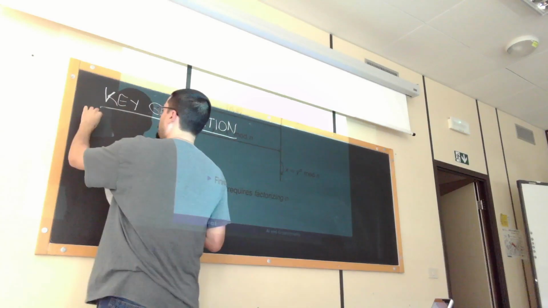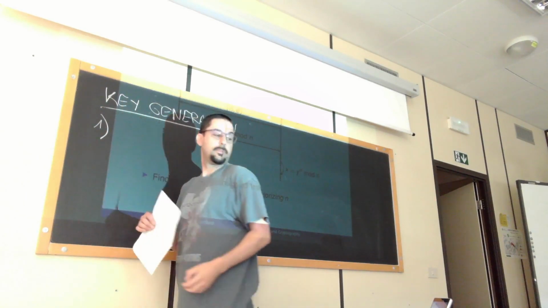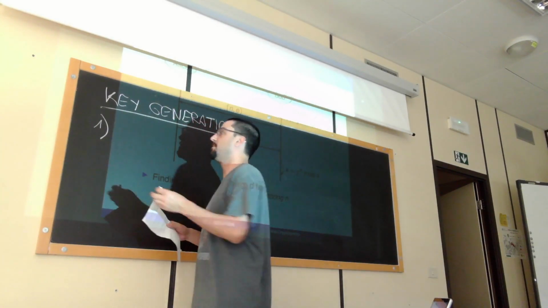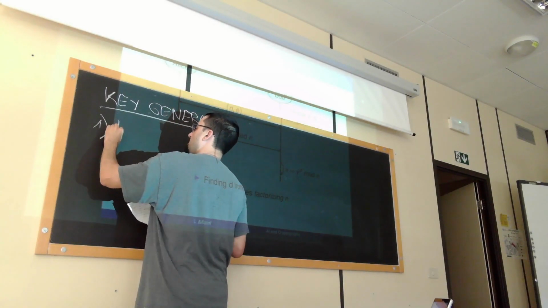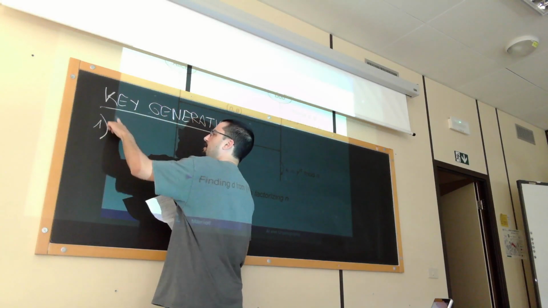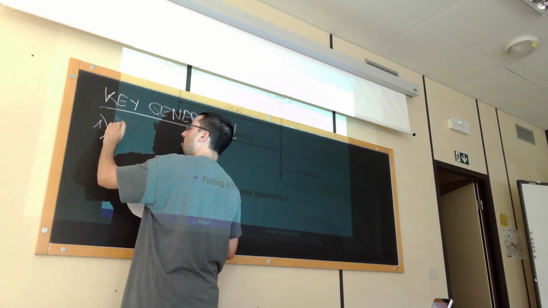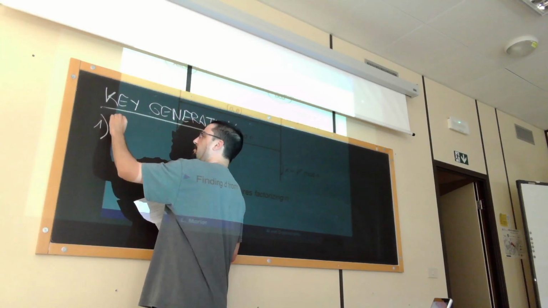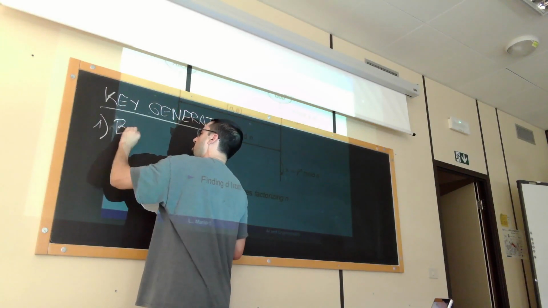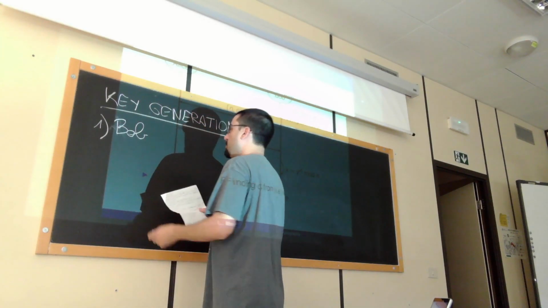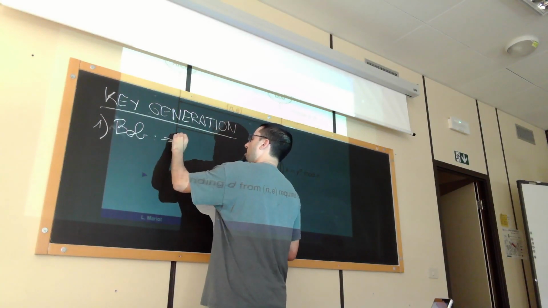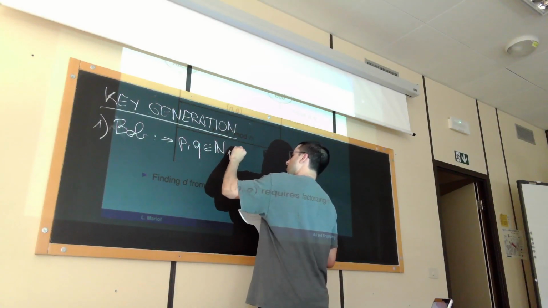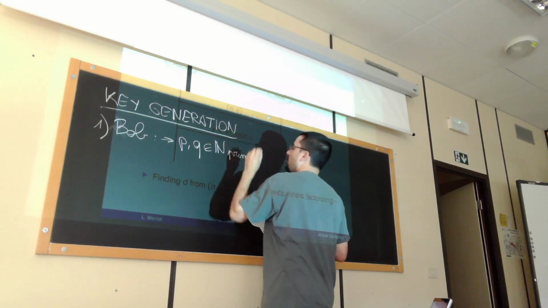Okay, so the first thing that needs to be done is that Bob will choose two large primes, P and Q. What do we mean by large?